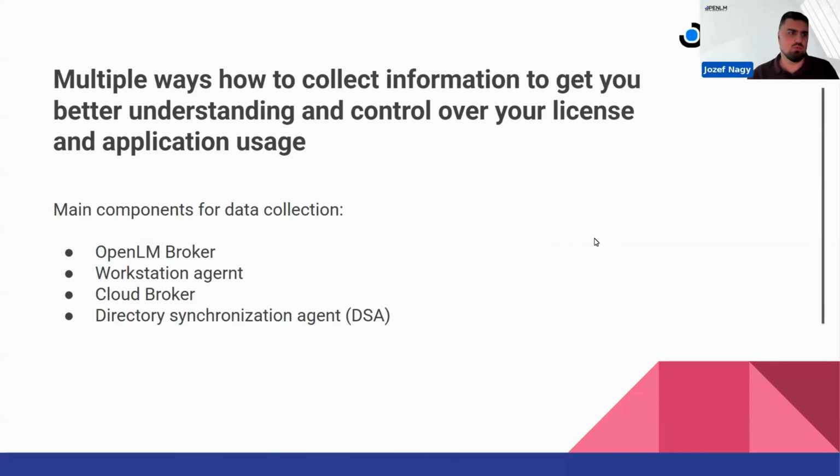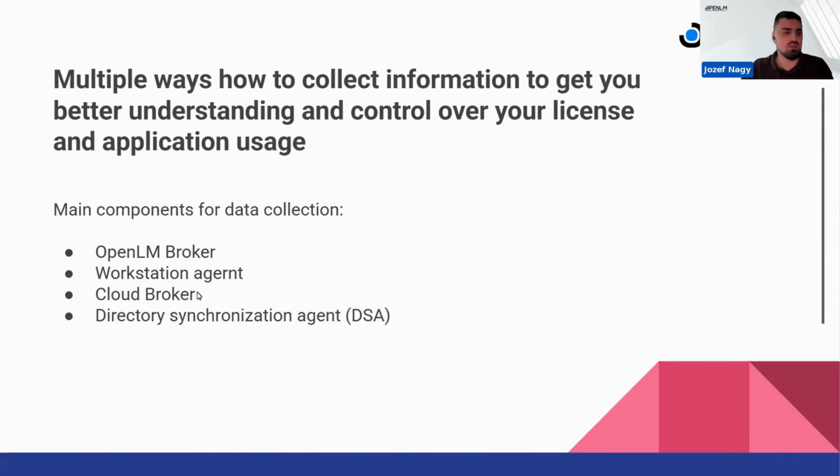OpenLM has multiple ways to collect data from license managers or from other sources of information. The first one is OpenLM Broker. This is the main component for the engineering applications, gathering all the information from the license managers.